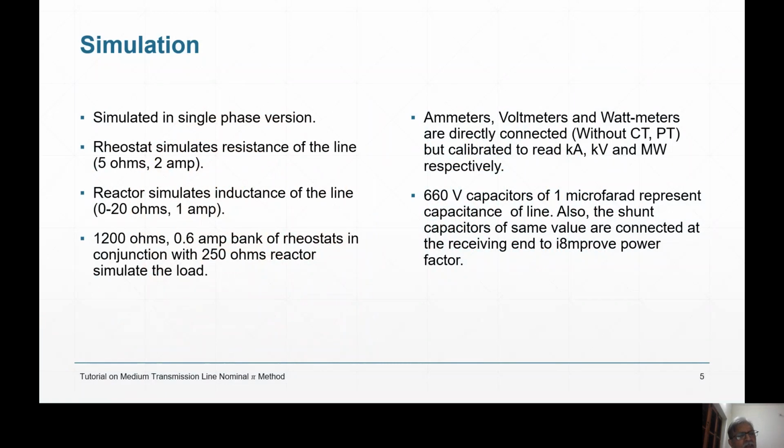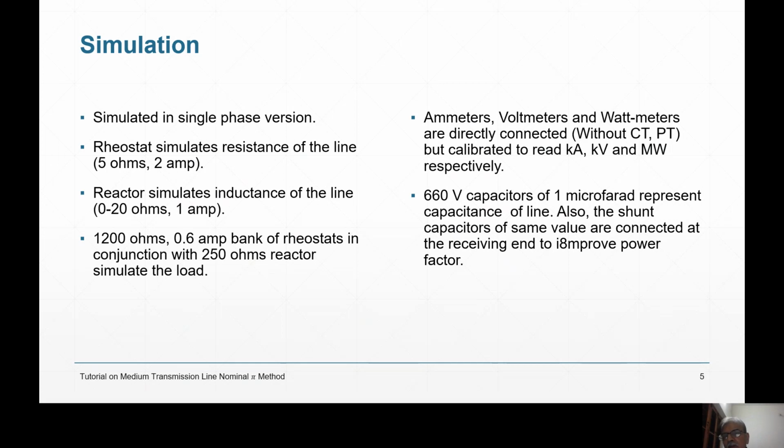Simulation is the same. We are doing a single phase version in the experiment. We are using 5 ohm, 2 ampere resistance, 20 ohm reactor, and 1200 ohm, 5 ampere rheostats to take different readings of load and to measure the performance of the transmission line on different loads.